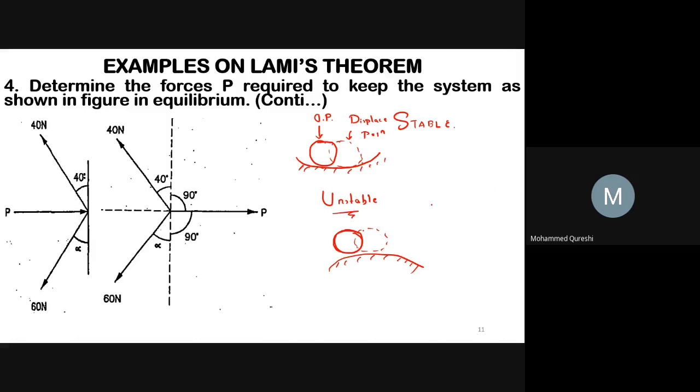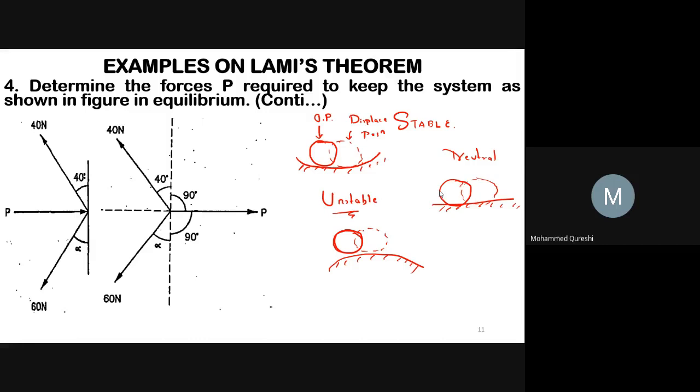And what is neutral equilibrium? A body is said to be in neutral equilibrium if it occupies a new position after it is slightly displaced from its position of rest.